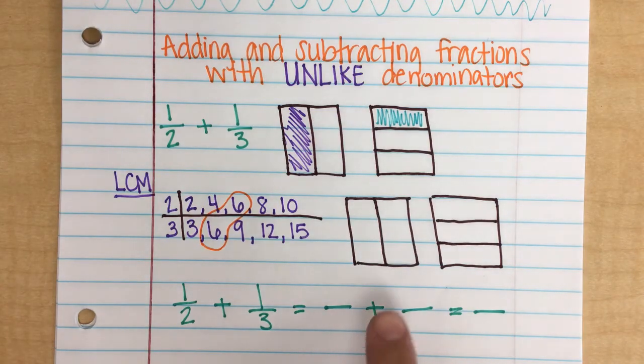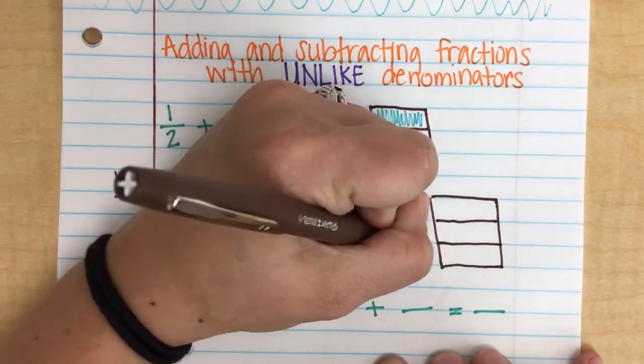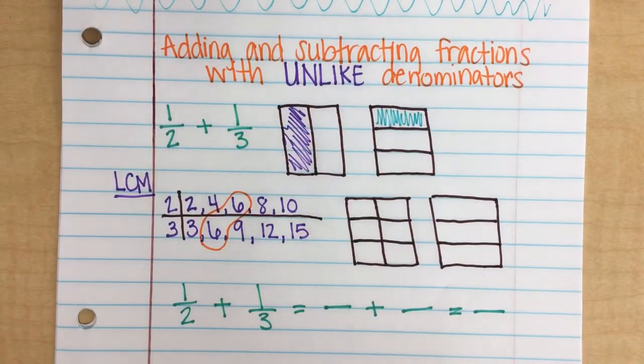So I want to break them into 6 equal pieces. So I'm just going to take this half and I'm going to draw 2 lines going across to make it into 6 pieces. And I'm going to take my thirds and draw 1 line going down to bring it into 6 pieces.